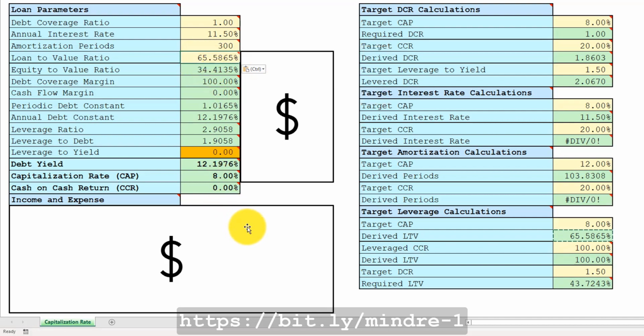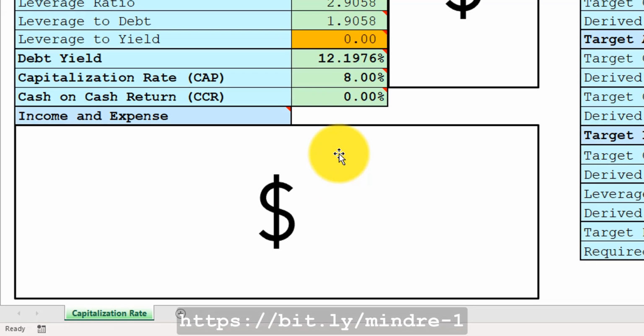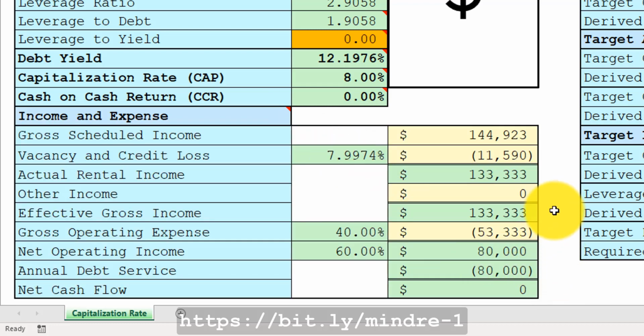Now let's take a look at the income and expense. We've set this up so that the income and expense has a gross scheduled income minus about 8% vacancy and about 40% operating expense, yielding net operating income $80,000. The annual debt service is $80,000.